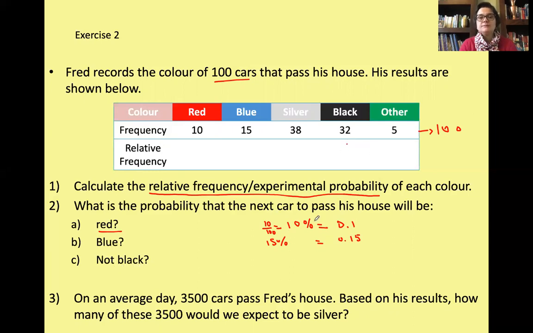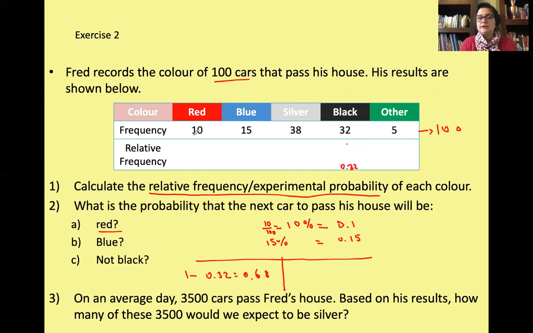Now here, you can solve this. I'm going to draw a line here to show both methods. You can solve here by complement. So you can say 1, take away the probability of having a black car passing the house, which is 0.32, so not black is going to be 1 minus 0.32, and the answer is going to be 0.68.